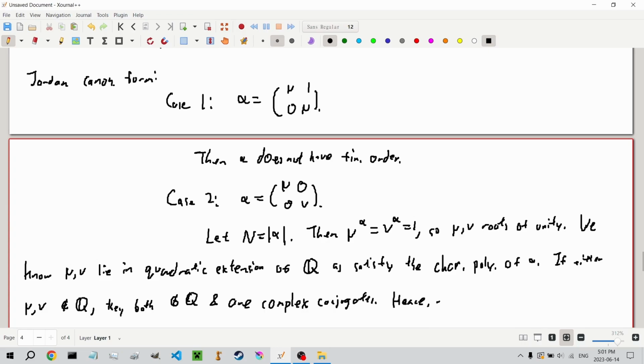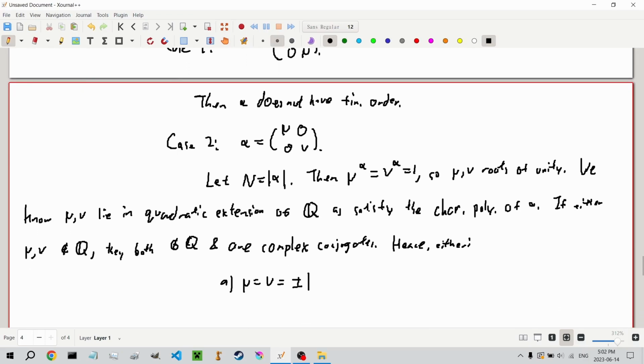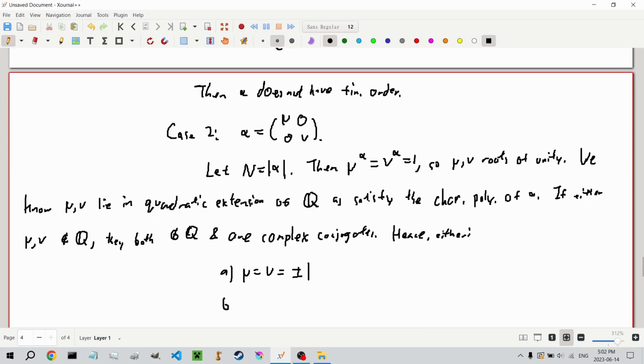Hence, either, first off, mu times nu is 1, and they are positive or negative 1. Secondly, mu is a primitive nth root of unity for n greater than 2, and nu is its conjugate.